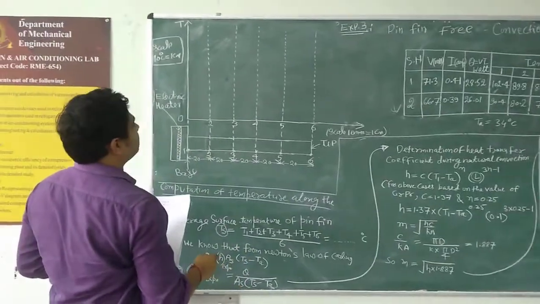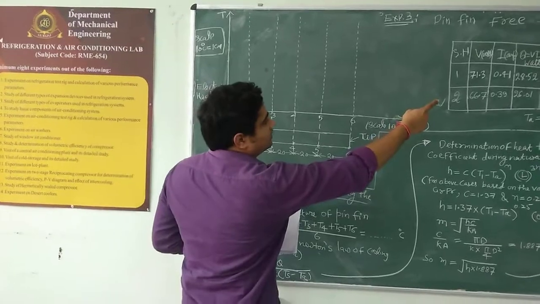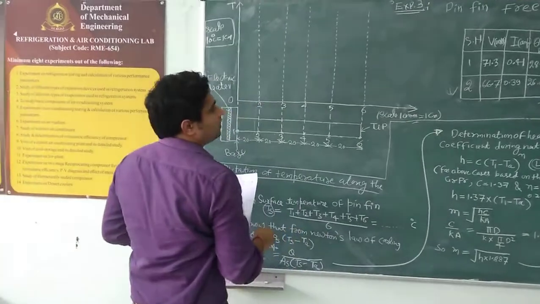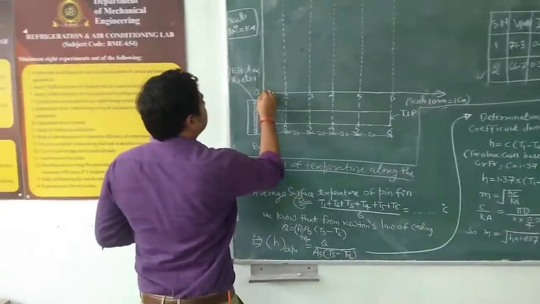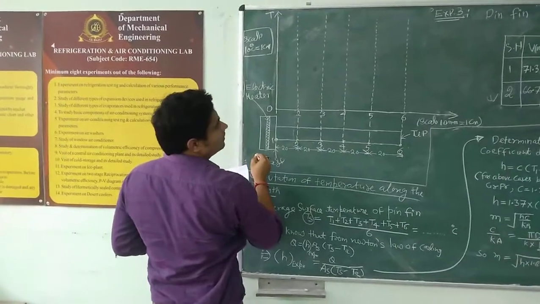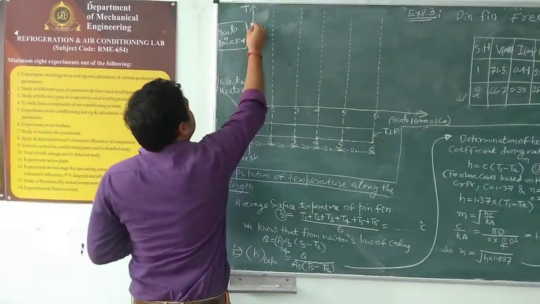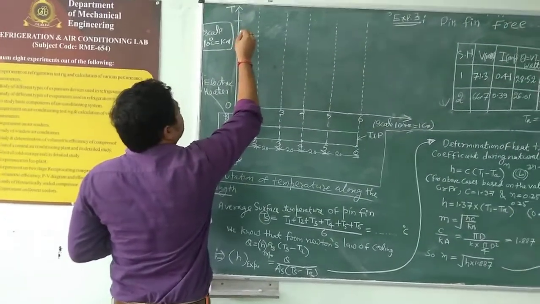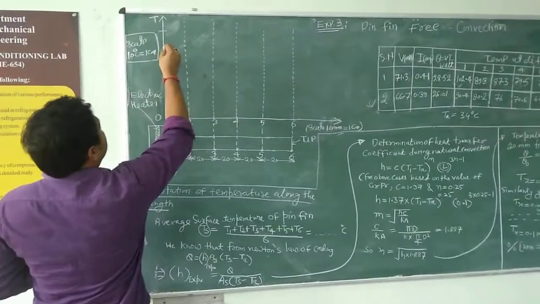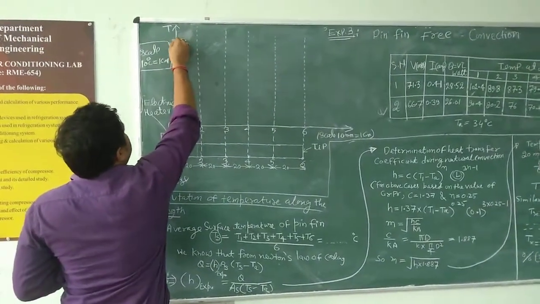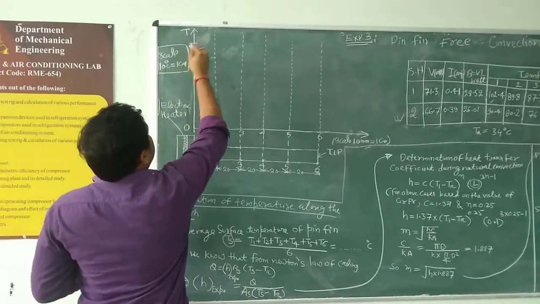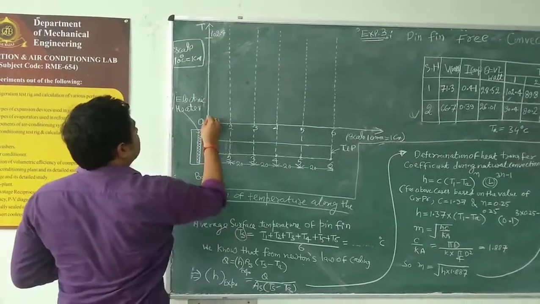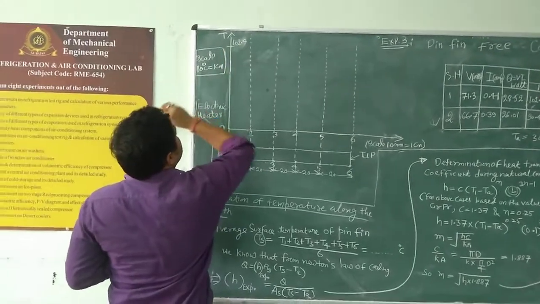Now how can we draw the temperature profile? You can see the table. T1 is 102.4, so from the origin O you have to cut a line that represents a length of 10.24 centimeters. So this is T1.